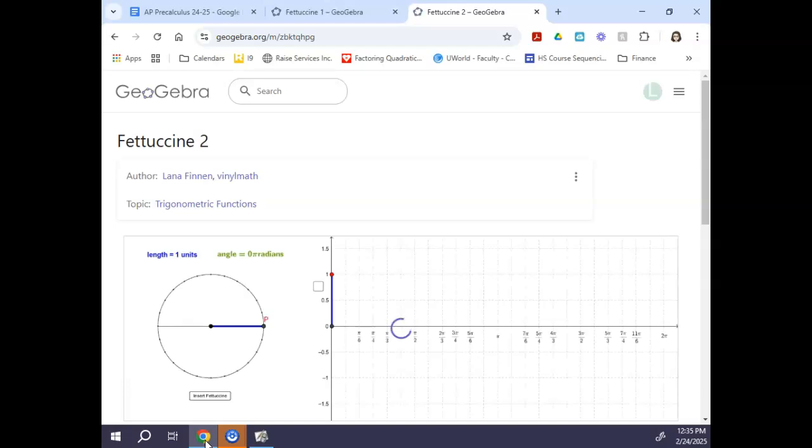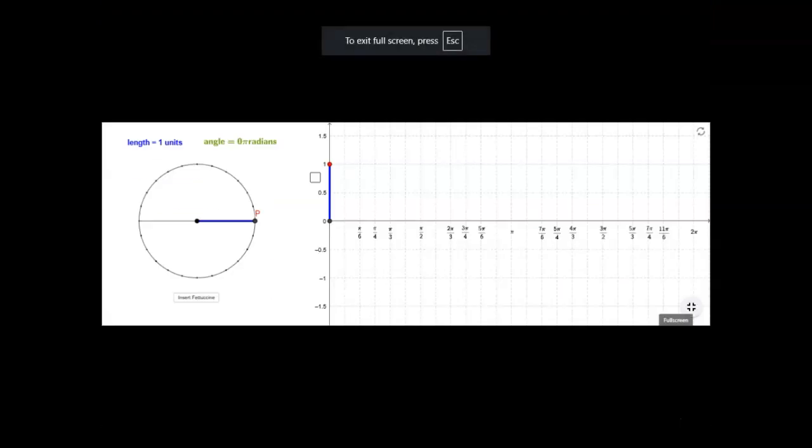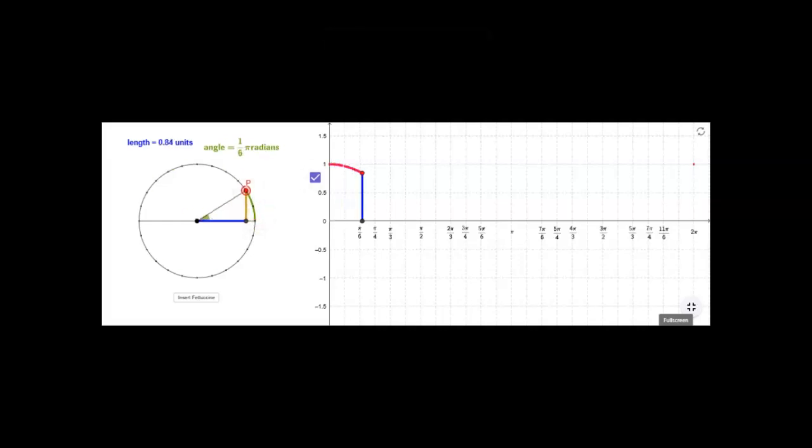Let's look at cosine this way too. Okay. So when I rotate here to pi sixths, see my blue line is my x value, my gold line is my y value. So that blue line is my horizontal displacement. My horizontal displacement starts here at 1 because it's the radius.